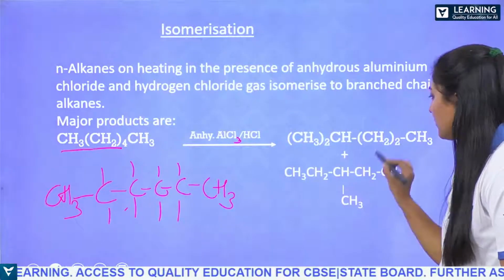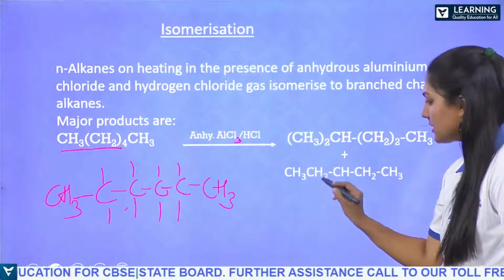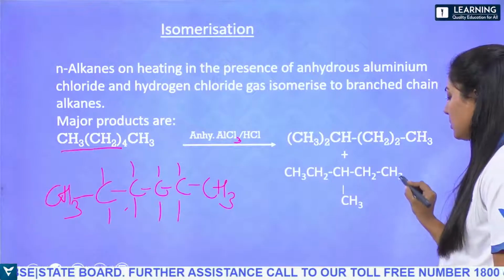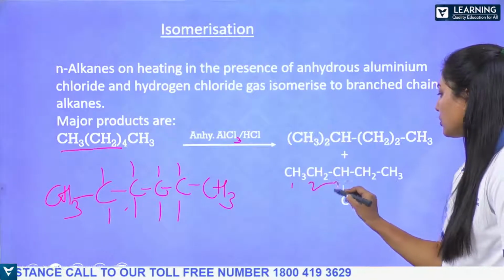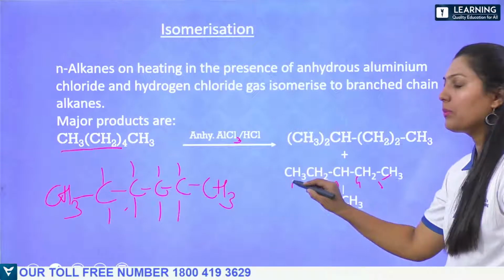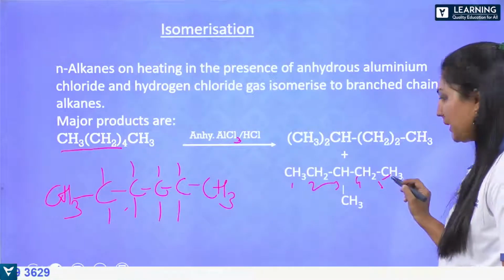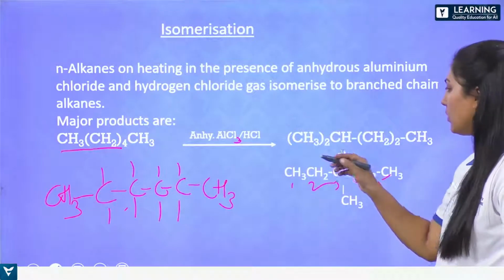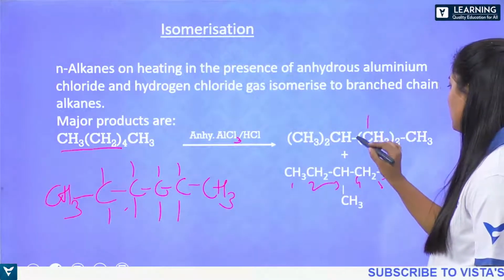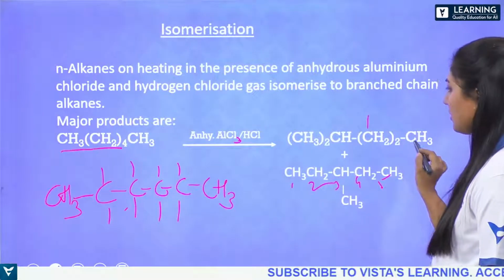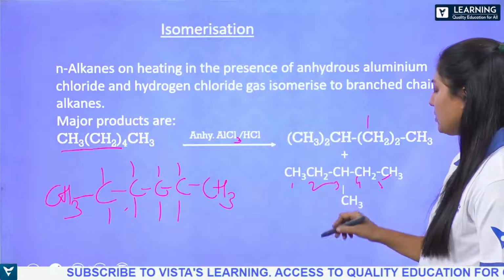You can see here the CH3 will be given down: CH3, CH2, CH, CH2, CH3, and one more CH3 will be here. That means 1, 2, 3, 4, 5, it will be a pentane. So 3-methyl pentane. Likewise, we will have CH2 twice here, and at the end one more CH3.